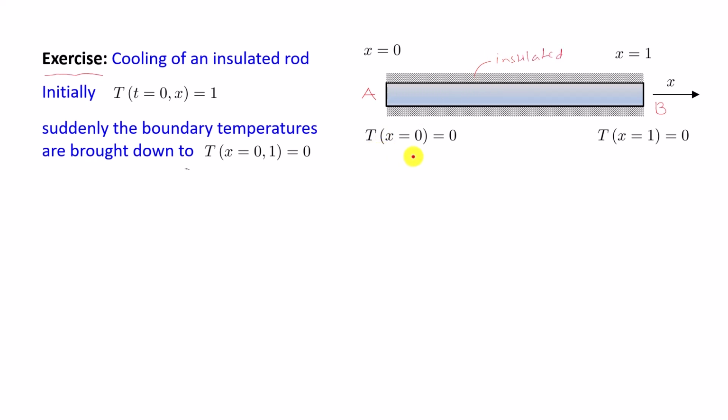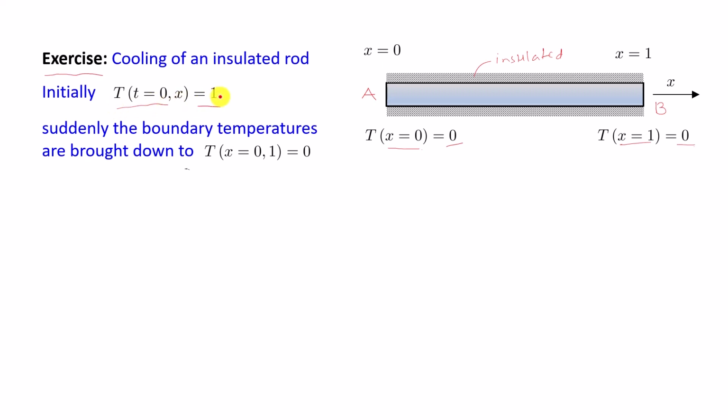The rod has a length of 1, and at x equal to 0, the temperature is 0. At x equal to 1, the temperature is again 0. However, initially, the temperature of the rod was 1.